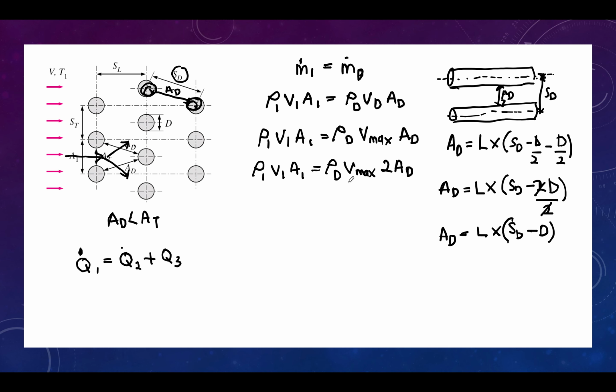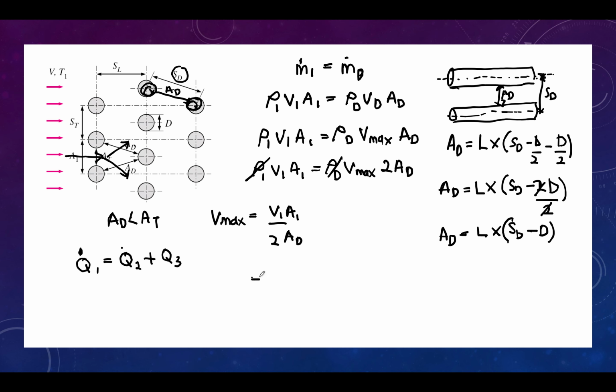Before we substitute, we can cancel out rho 1 and rho D, because in incompressible flow, density is constant. And then this equation becomes V maximum equal to V1 A1 over 2AD.